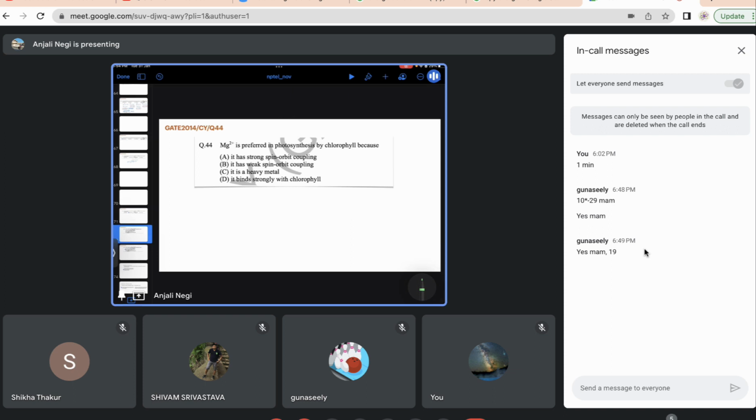The correct option given was option B, that it has a weak spin orbit coupling. The reasoning given is that chlorophyll prefers magnesium 2 plus because of this small spin orbit coupling, due to which intersystem crossing is inhibited. This favors that the energy transfer will happen from the excited singlet state.